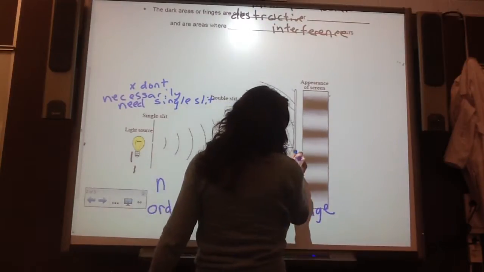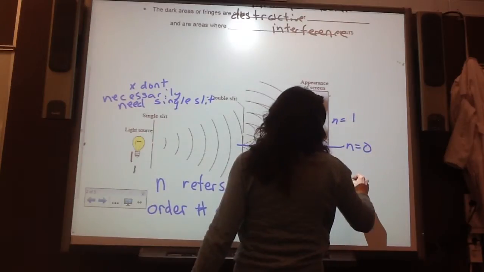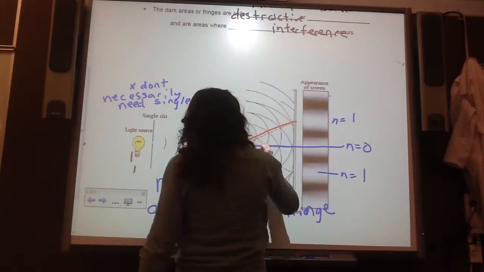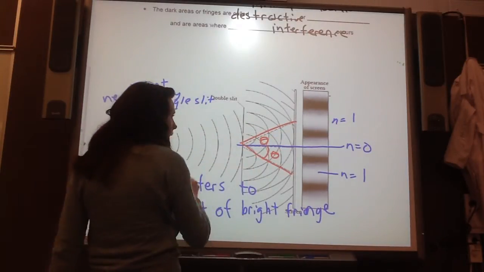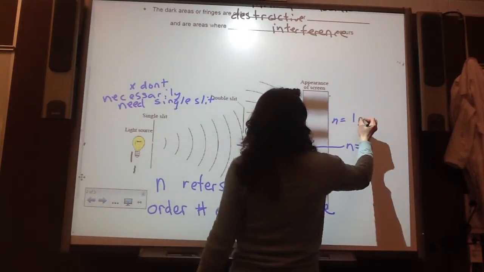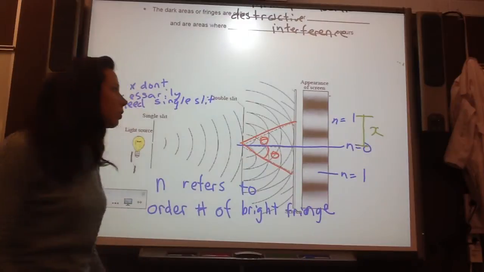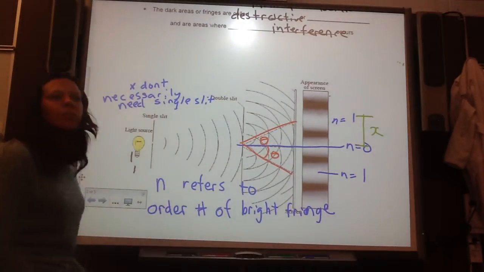So N equals 0, N equals 1, N equals 1. So here's your thetas. And here would be your X.